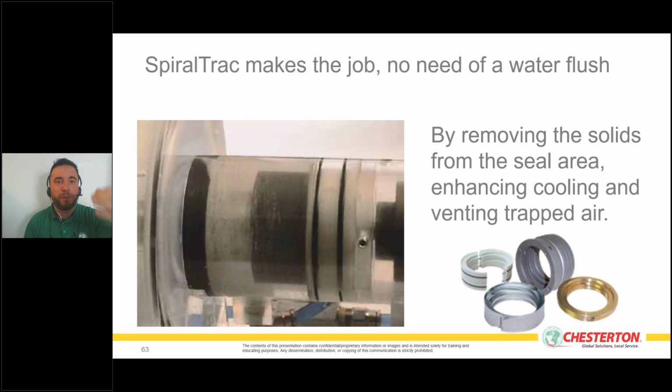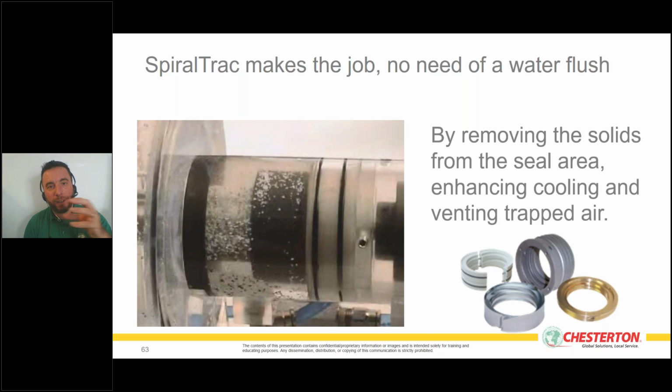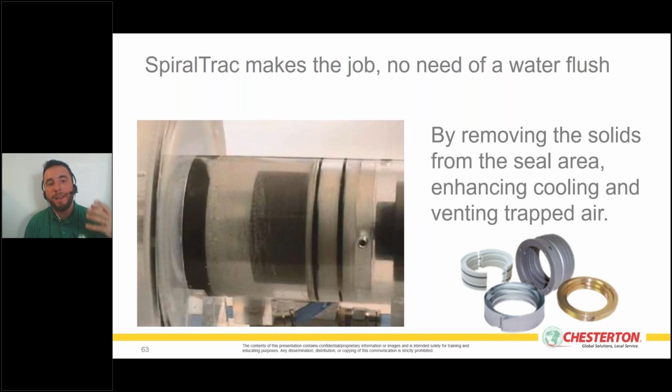This internal spiral groove will suck the solids away from the sealing system. We already have now, after a few seconds, the clean seal chamber, even if the process is dirty. So that's why we don't need flush. That's why the spiral track makes the job and helps you to reduce the flush to make the seal work better.